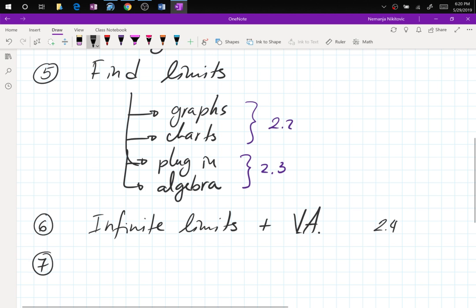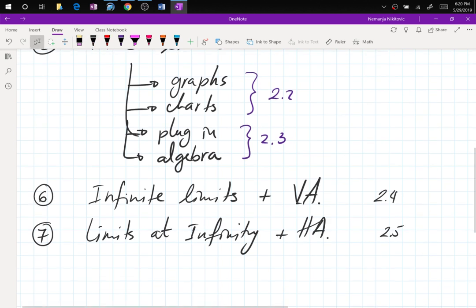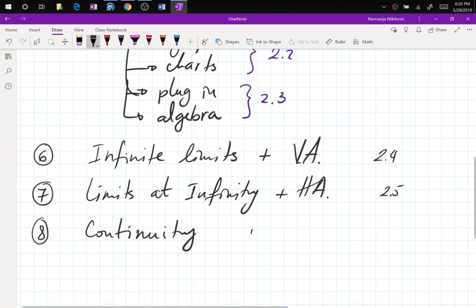Number 7, limits at infinity plus horizontal asymptotes, that's your 2.5. Number 8, continuity, which is 2.6.